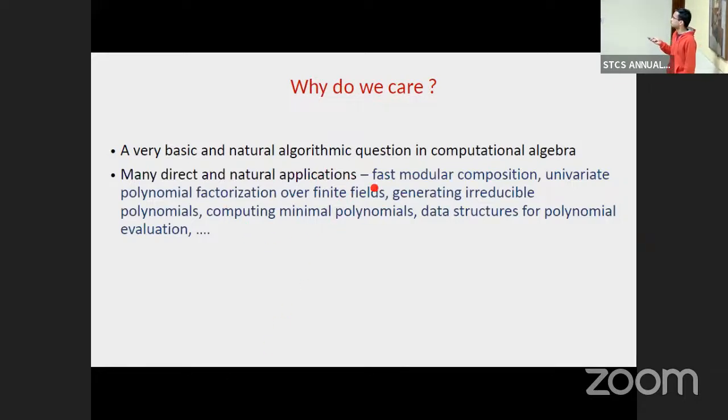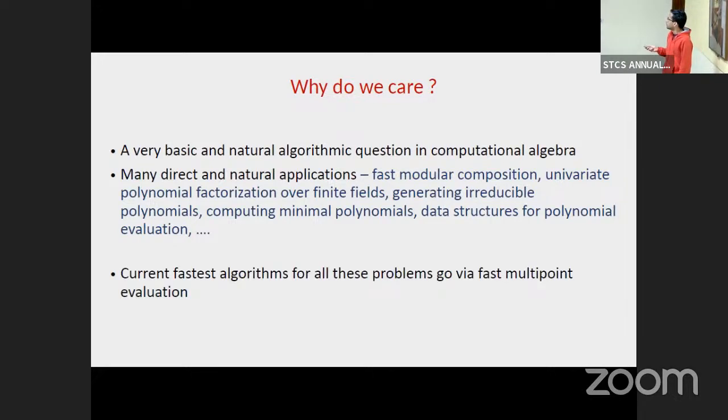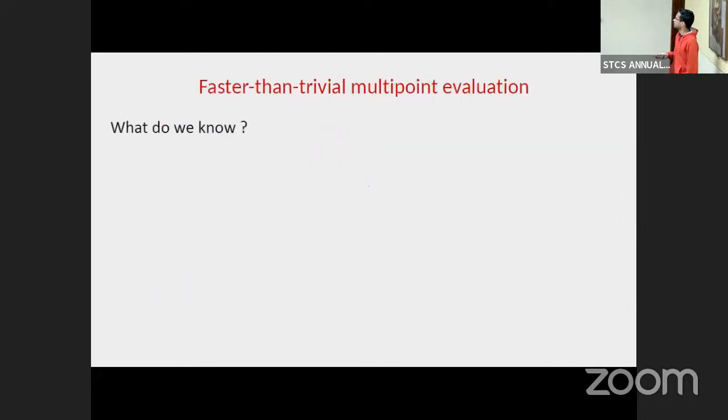The current fastest algorithms for many of these problems, written in blue here, actually go via fast multi-point evaluation. Maybe the most well-studied problem here is univariate polynomial factorization over finite fields, and the current fastest algorithm for this goes via the current fastest algorithm for multi-point evaluation. So there are good reasons to care about this problem.